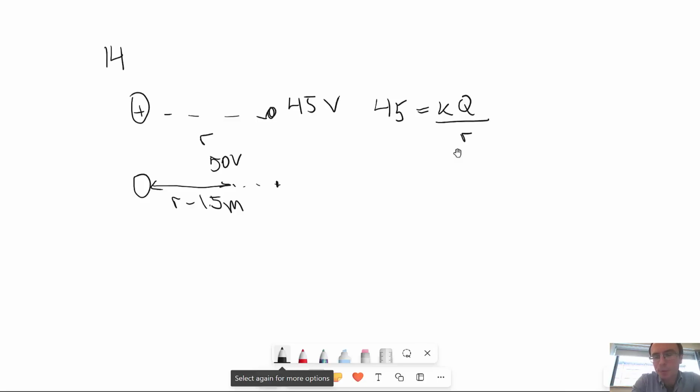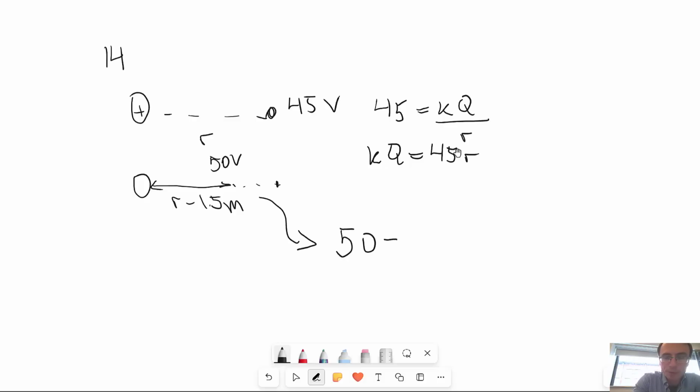This means that kQ will be equal to 45 multiplied by R. Now let's figure out the equation for here. We know that this will be 50 when we have a distance of R minus 1.5.